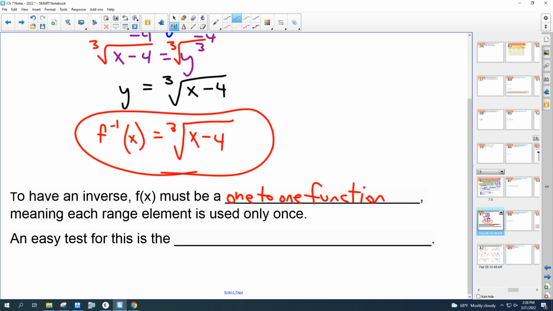meaning each range element is used only once. An easy test for this is the horizontal line test, as opposed to the vertical line test that you've seen before.